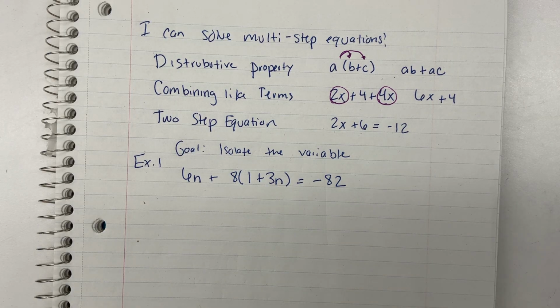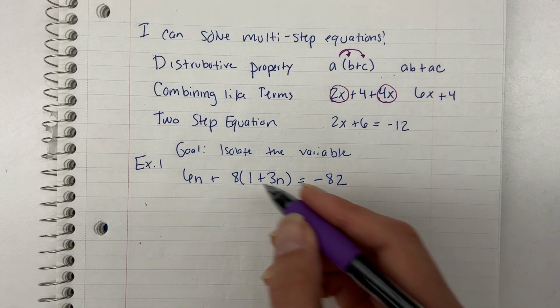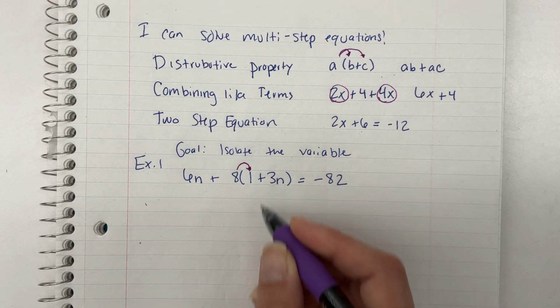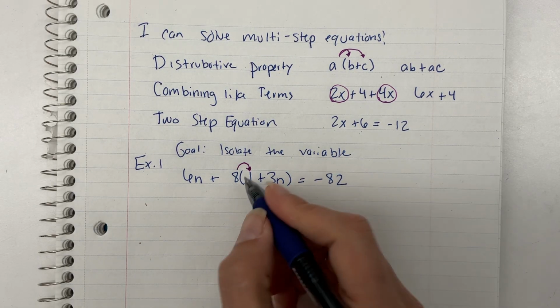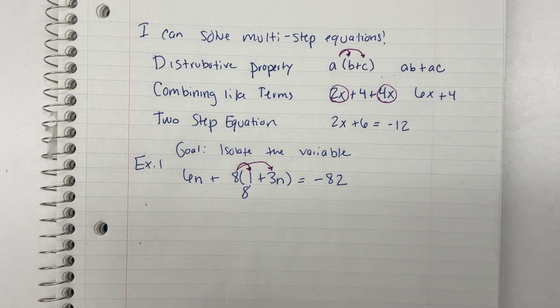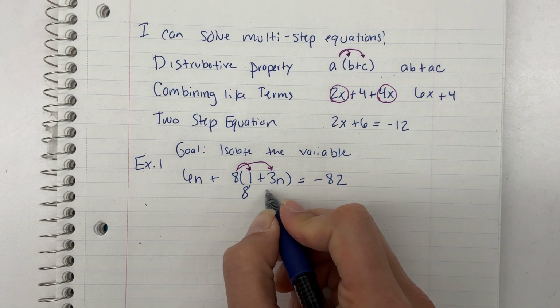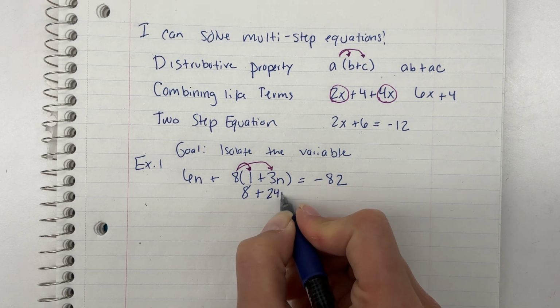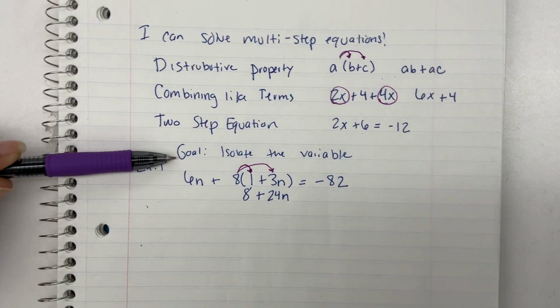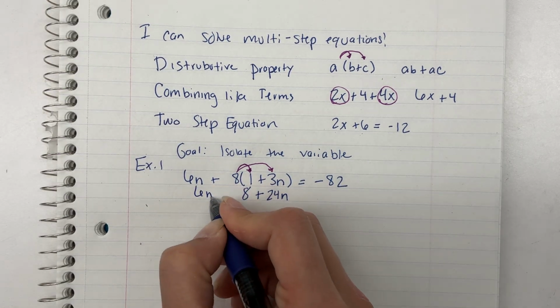So who's knock, knock, knocking on parentheses door? We've got 8. 8 times 1, and that's going to be 8. Then I have 8 times 3n. 8 times 3n is positive 24n. So we just did our distributive property. Everything else comes down with it.